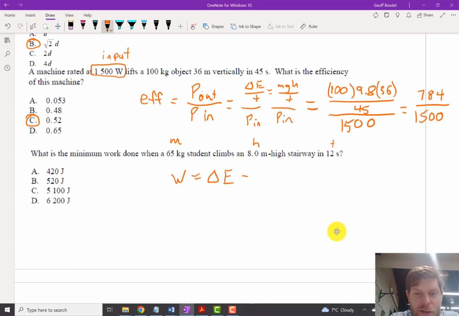And if climbing stairs, what you're mainly doing is increasing your potential energy, which would be 65 times 9.8 times 8. Yeah, it is 5,100.